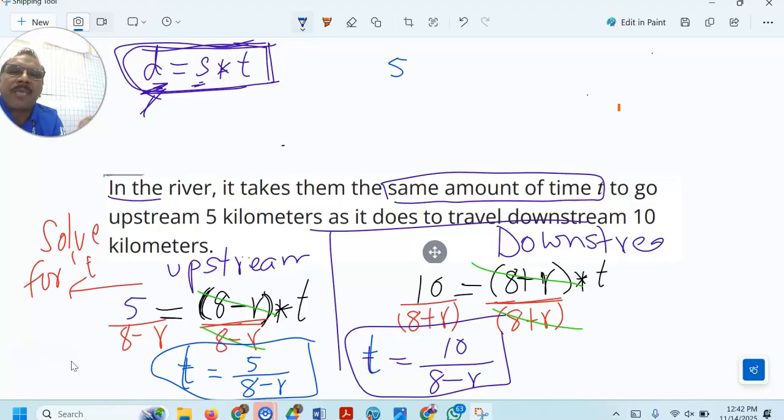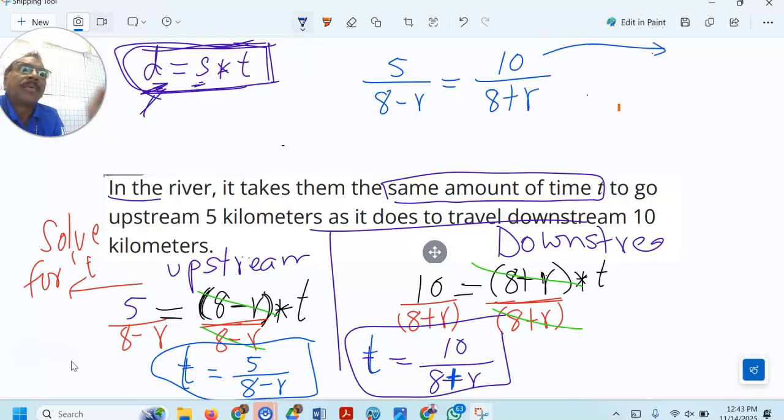So it is 5 divided by 8 minus r equals 10 divided by 8 plus r. I made a mistake here, this should be plus r. So this is the rational equation.